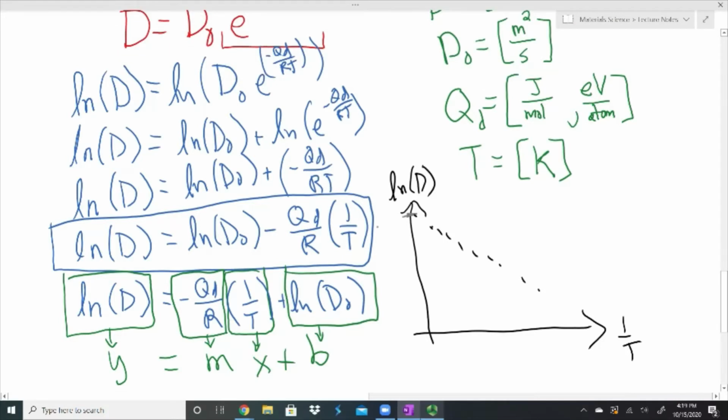That y-intercept is going to be ln of D naught. And I have a slope here, and this slope is going to be QD over R.